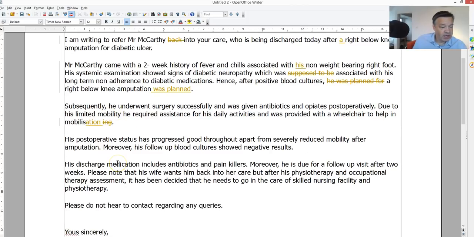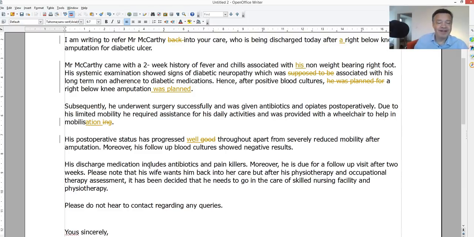Okay. His post-operative status has progressed good, has progressed well. Don't use good, that doesn't sound good. His post-operative status has progressed well, apart from severely reduced mobility. I shouldn't laugh, but you know, if you cut off somebody's leg, the mobility possibly might be affected.